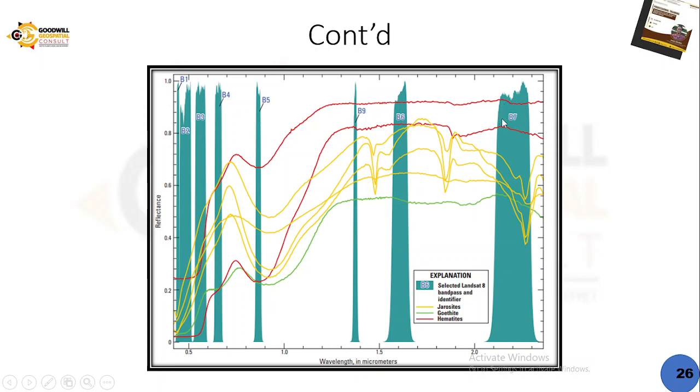So band 7, this is the wavelength of operation. And if we want to correctly map jarosites, we have to rely on band 7, because that is where the deepest absorption for jarosites occurs.